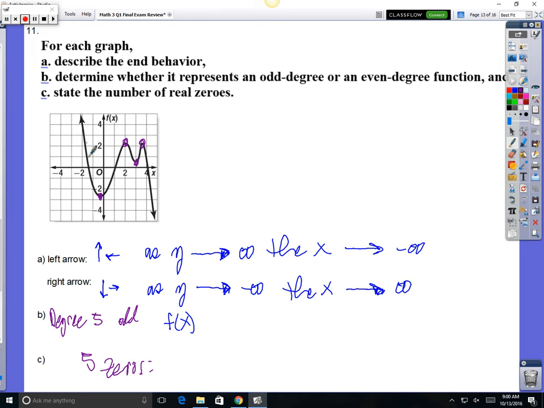Here they are. You need to find the real zeros. So the real zeros, there's 1, 2, 3. So there are 3 real zeros, and there's got to be a total of 5, so that means 2 of them are imaginary. 2 imaginary zeros.